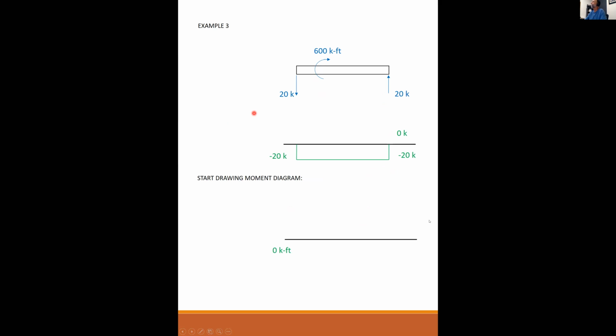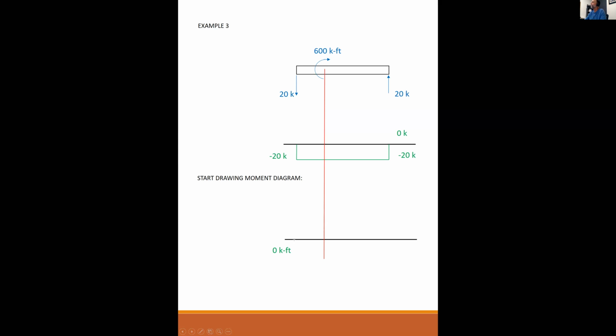Moment diagram. I start at 0 because there's no end moment and there's no fixity at the end. So I start at 0. The change in the moment diagram is equal to the area of the shear diagram. So we are actually looking for, let me draw a little divisor here, the change in moment from the end to this line.